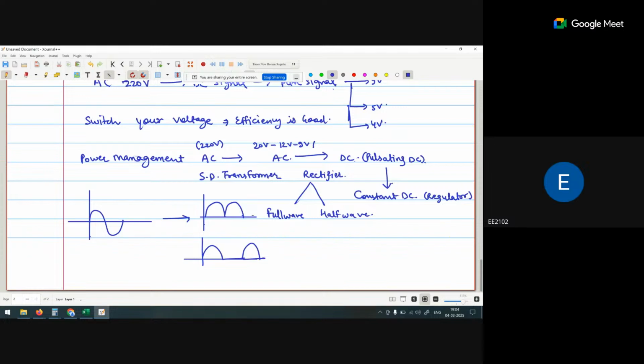The average value of this pulsating DC is somehow this: it becomes 1 upon pi, or 2 upon pi. If we say this is a Vm voltage, that is the average value.